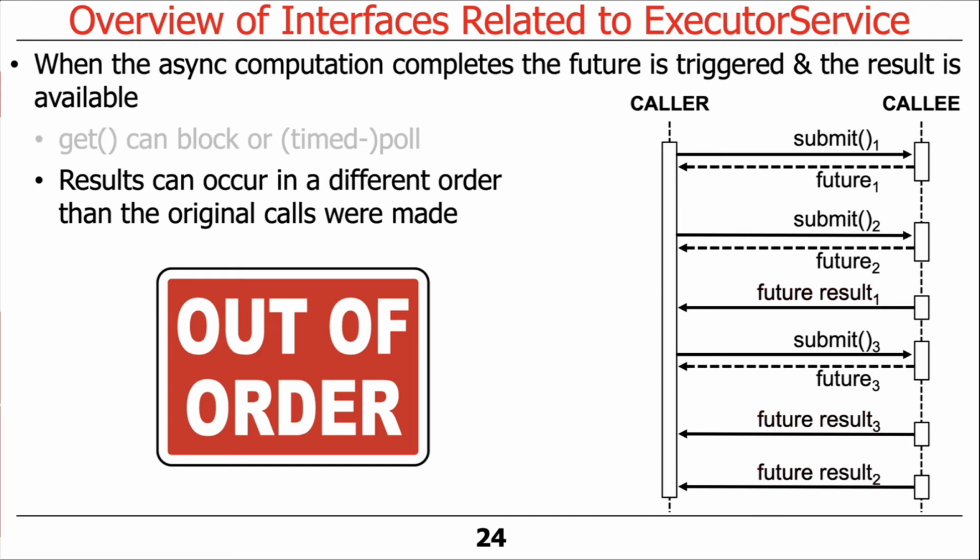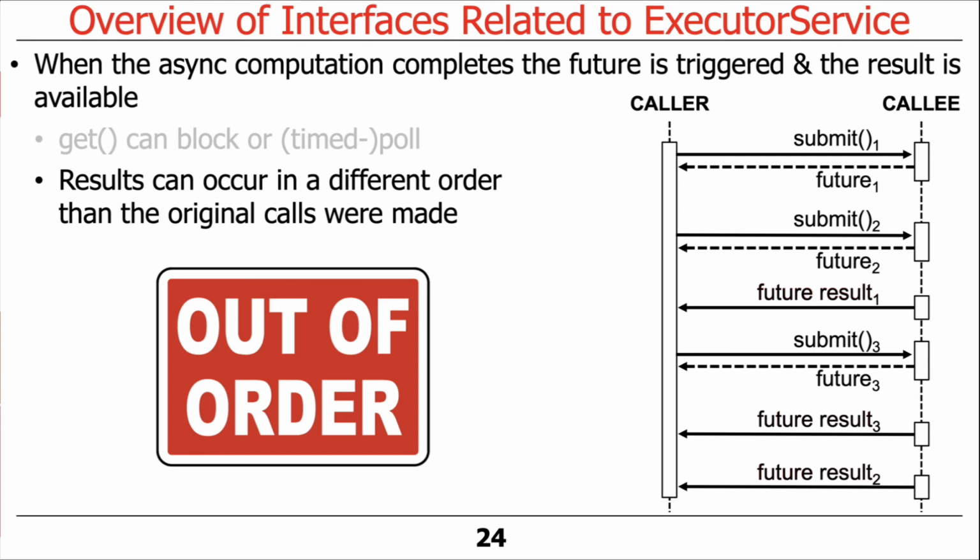Now, one of the things to note about this asynchronous model is that results can occur in a different order than the original calls were made. So you could submit something, you can submit something else, you might get a result from the first submission, you can submit something else, you get the results from that one, and then finally get the results from this one. That's the beauty of asynchronous computation. You don't know, you don't care about the order in which things run.